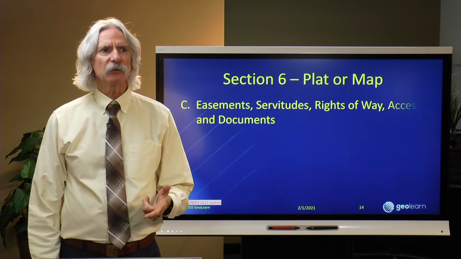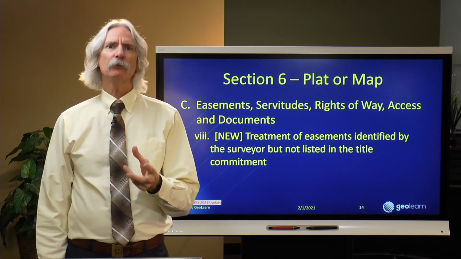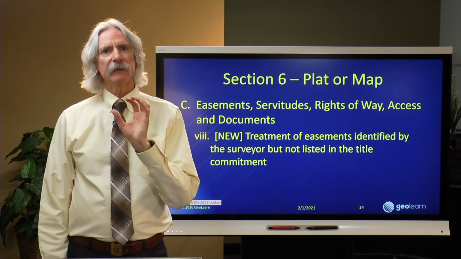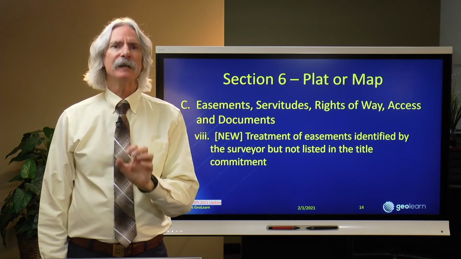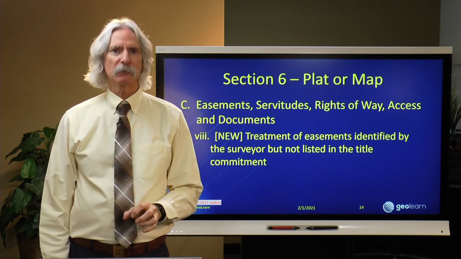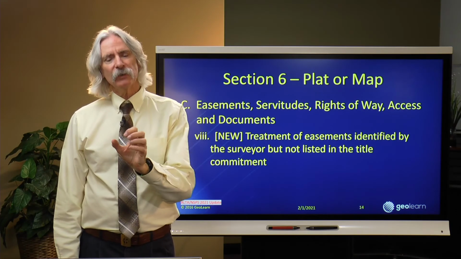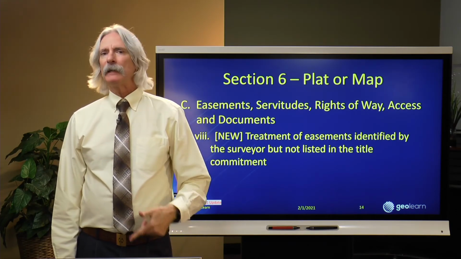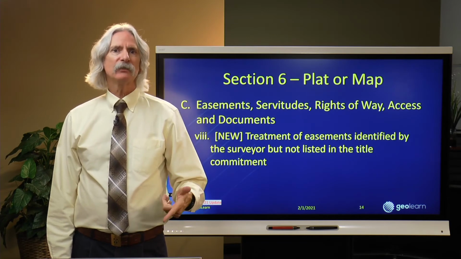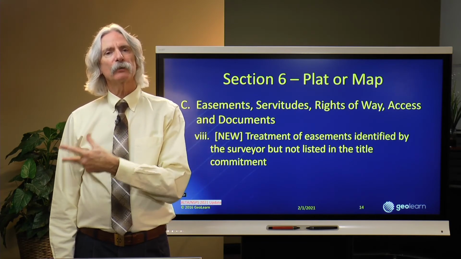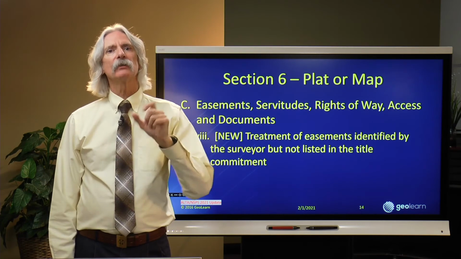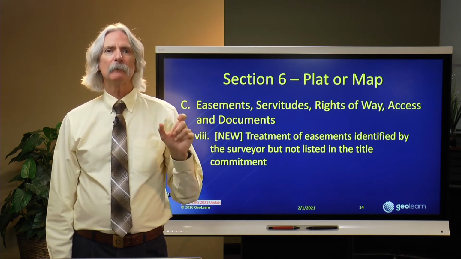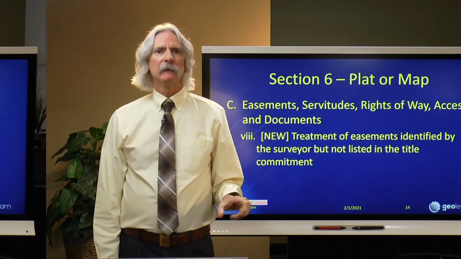And what it is, it's how surveyors treat easements that they believe exist but that are not listed in the title commitment. So what this item says is we need to let the title company know it's there. If they can't show it's been released, then we need to show it or explain it and then add a note that says the title company has been made aware of this.